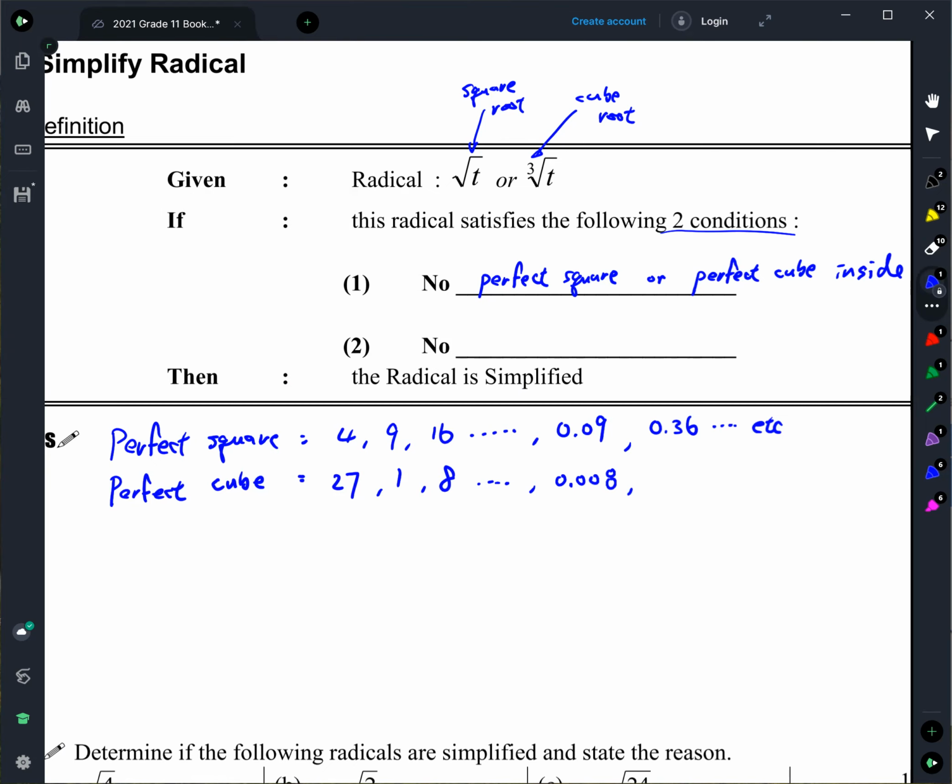Okay, let's get one more. One more perfect cube. Okay, Wilson, what will be a perfect cube that is a decimal? Let me think.